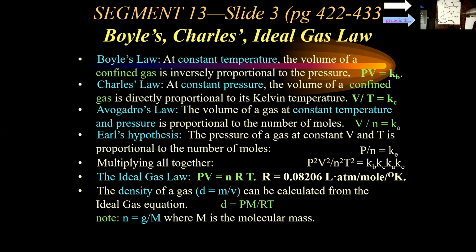The little takeaway from this is that the density is proportional to the mass of the gas, or in this case, the molecular weight of the gas. So air, for example, has a molecular weight of 29. So any gas that has a molar mass less than 29 will be less dense than air. It'll float up in the atmosphere. That's why if you put helium in a balloon, it causes it to float.